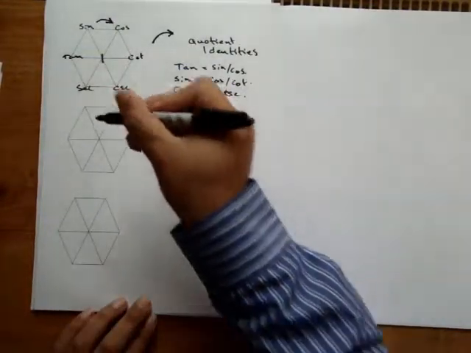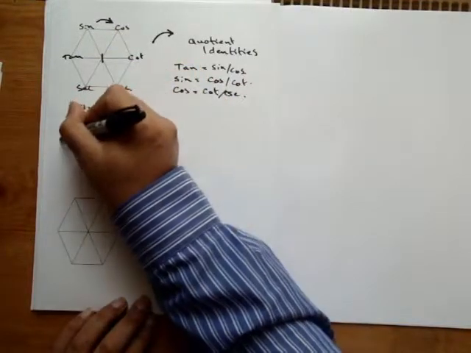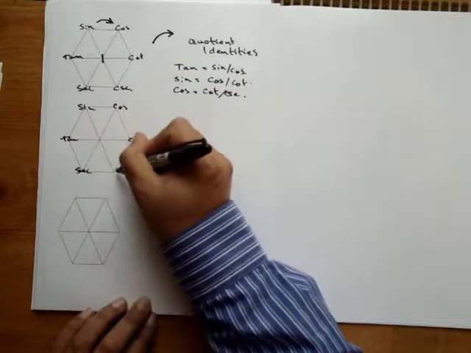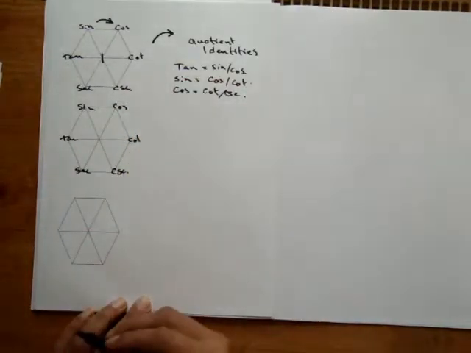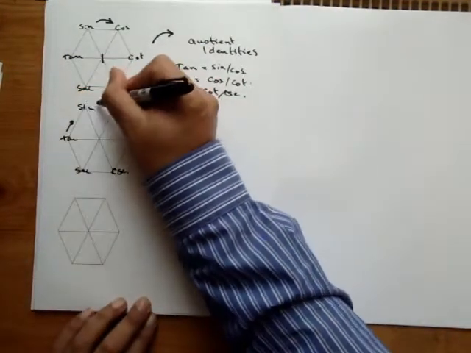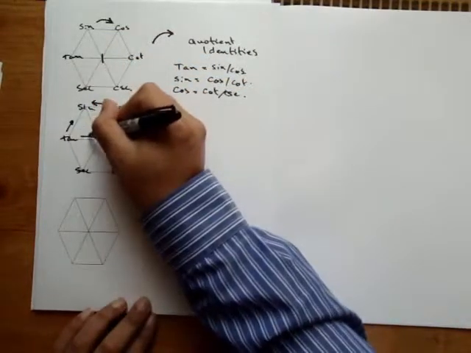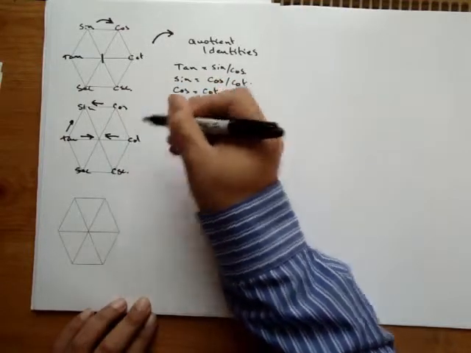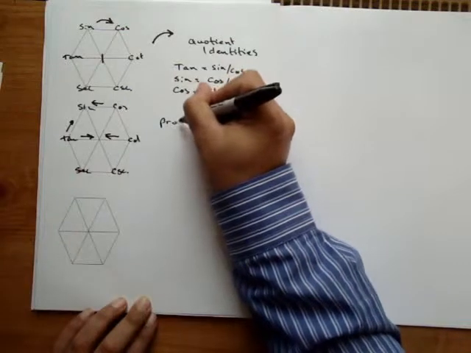If we go, again, let's label them sine, cos, tan, cot, sec, cosec. If we go in this direction, one arrow here and one arrow here, or we go that way and that way, we get the product identities.